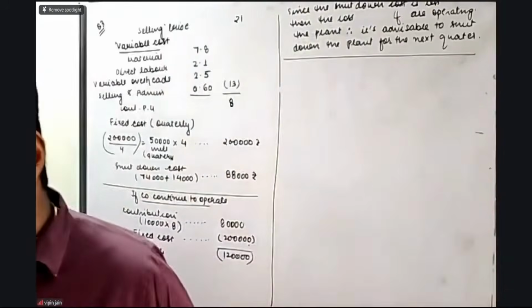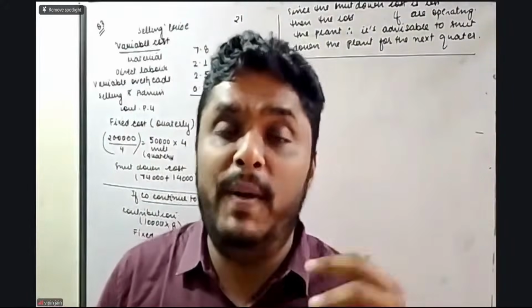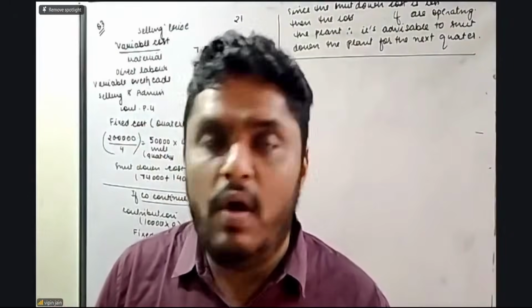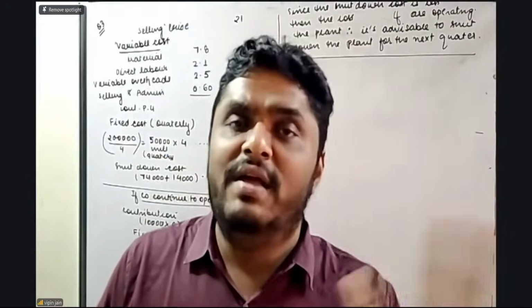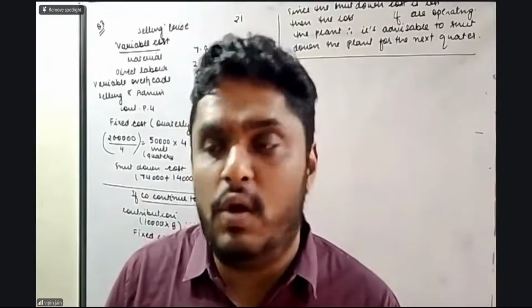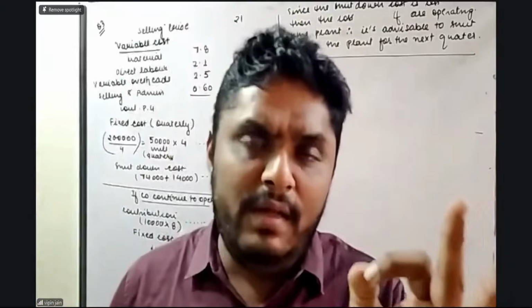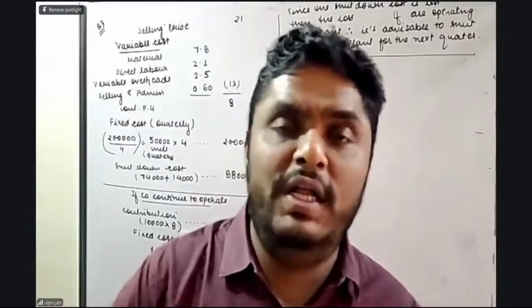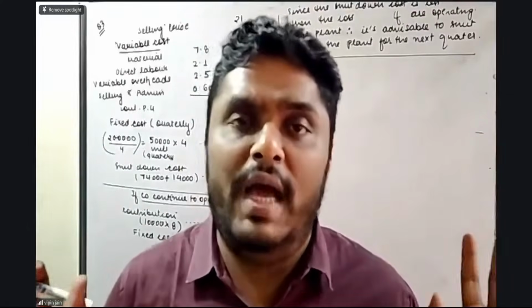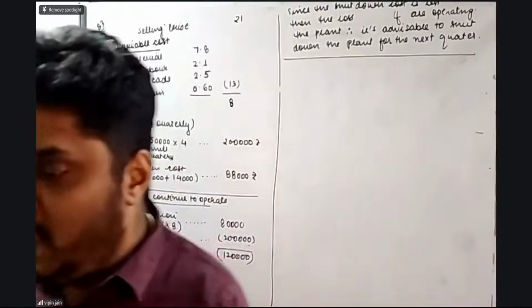Waiting for your answers. See, again, don't try to memorize the formula. Prepare your own formulas in costing, especially in marginal costing. You won't be able to do the solution with formulas only. You have to learn the concepts. So you have to tell me the point wherein we are indifferent to continue or not to continue. The things will be the same. But what will be the number of units?